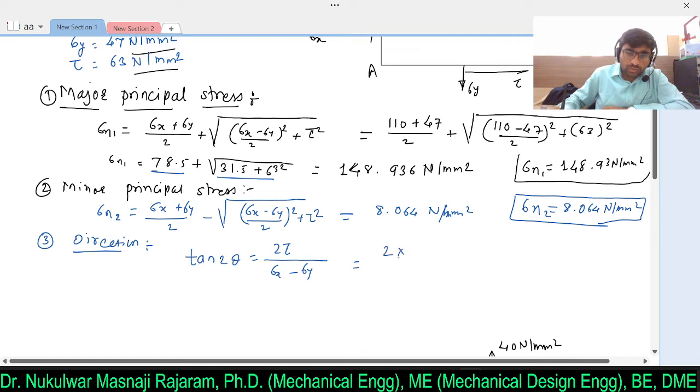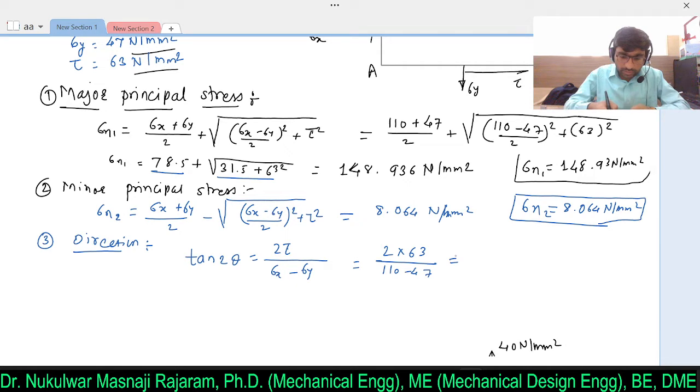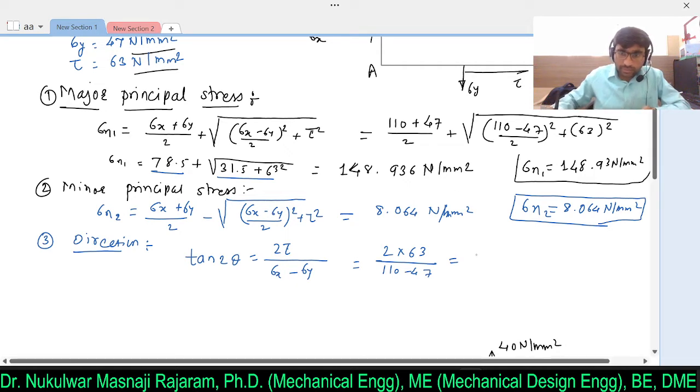So here 2 into 63 divided by (110 minus 47), it is near about 2.